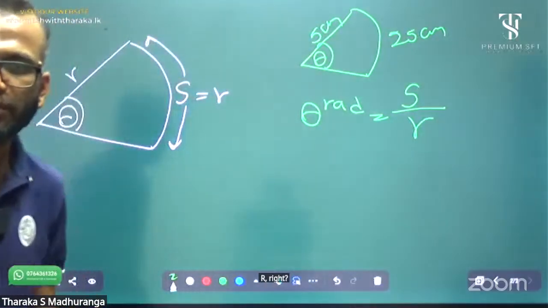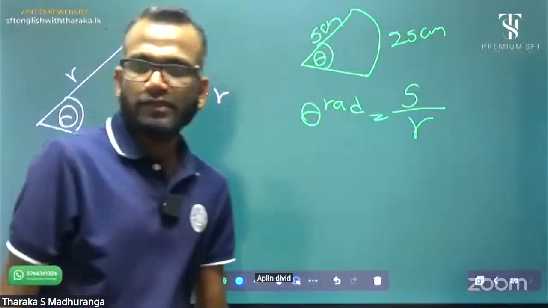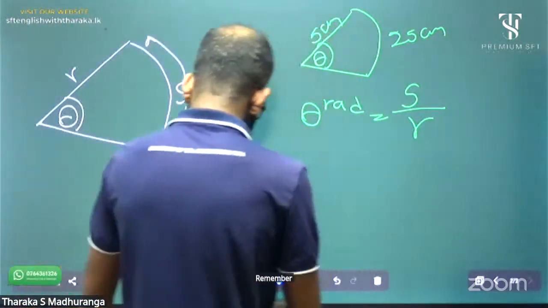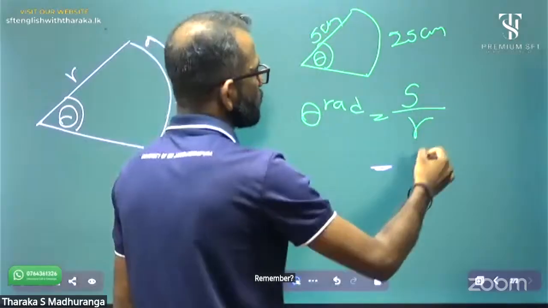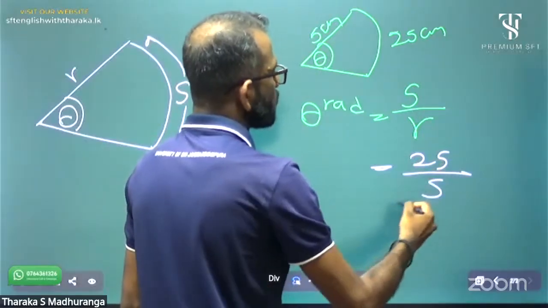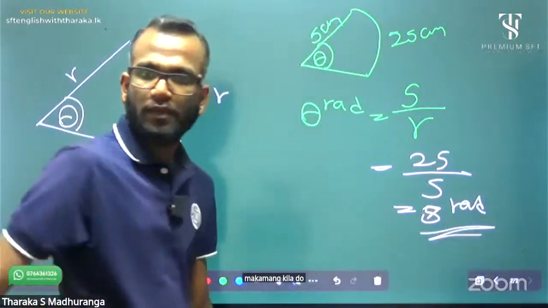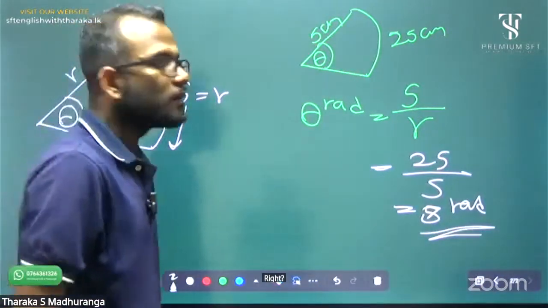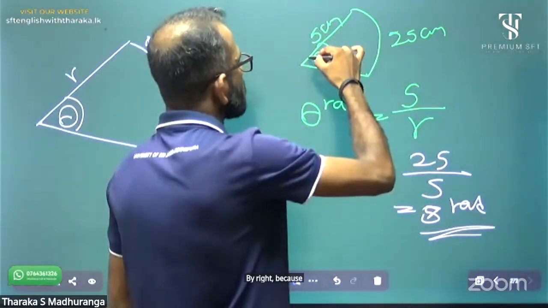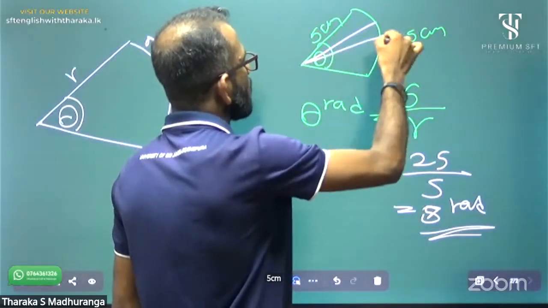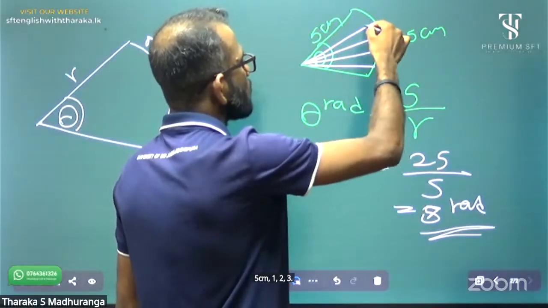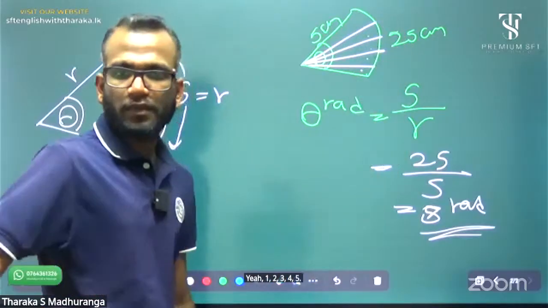Arc length divided by radius. Arc length 25 divided by 5 is 5 rad, right? Because 5 centimeter, 1, 2, 3, 4, 5.